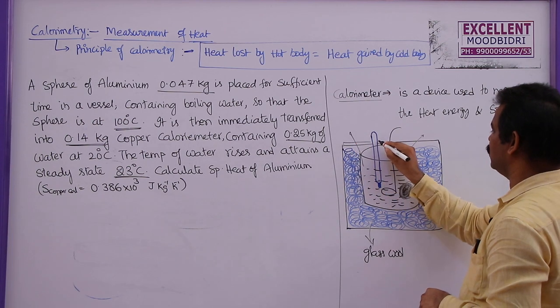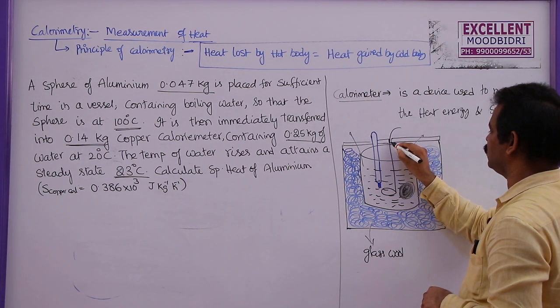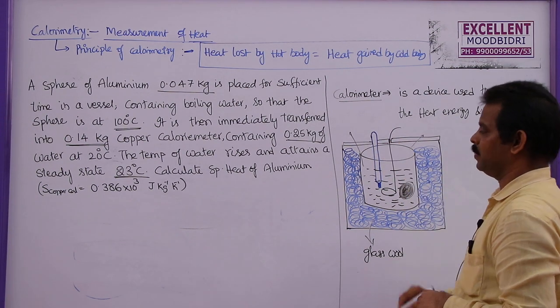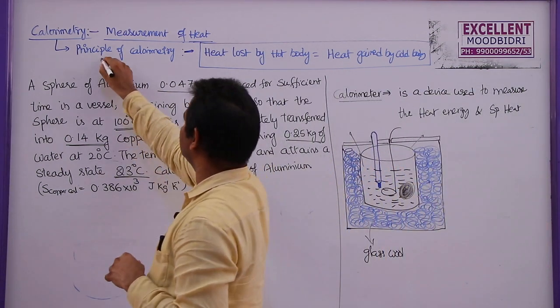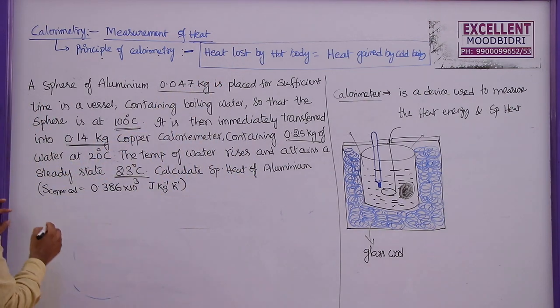And on the top also, it is having a wooden top, so it will not allow the heat to transfer outside. Now, the principle of calorimetry is heat lost by hot body is equal to heat gained by cold body. Now, we are using the same concept.